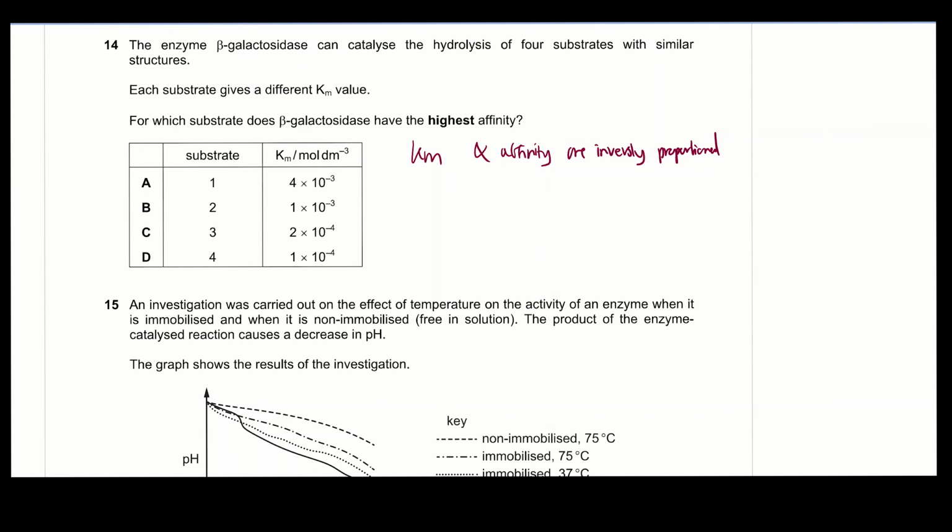By this we mean, if the Michaelis-Menten constant increases, the affinity decreases. So here it's asking for the highest affinity, therefore the lowest Km value. So here the lowest Km value is going to be D.